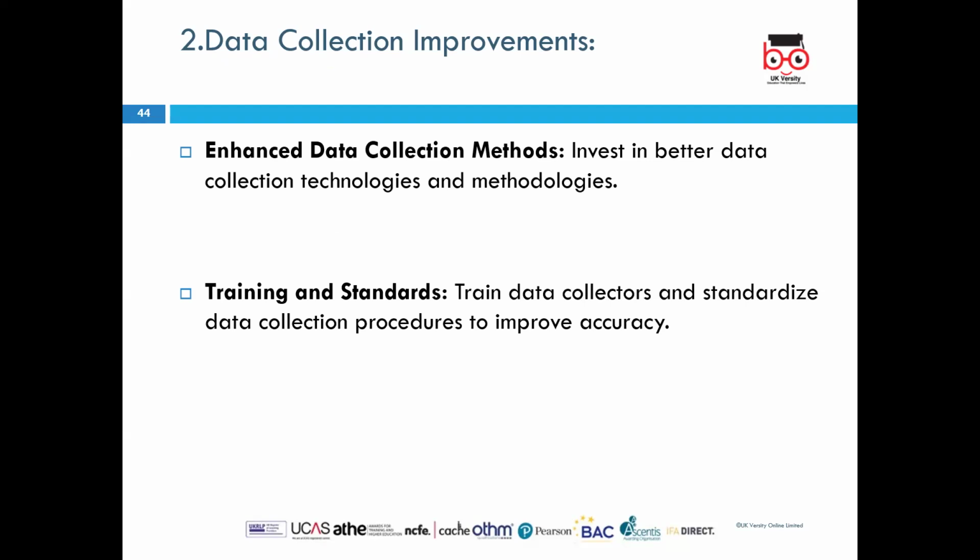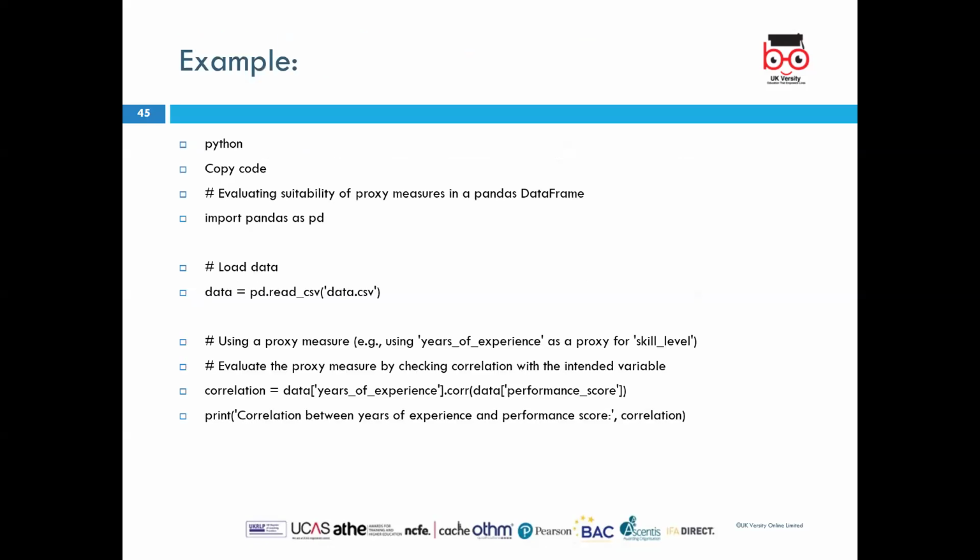When it comes to data collection and improvement, we're looking into enhanced data collection methods and training on standards, where we're going to train data collectors and standardize data collection processes to improve our accuracy. So here's the code that will now be implemented.